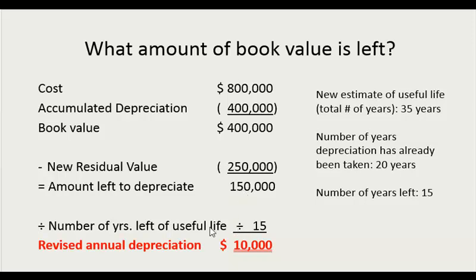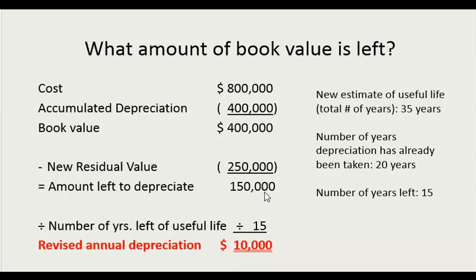And we have 15 years left of our estimated useful life because remember, our new estimate of the useful life is 35 years. And that's 35 years total. And since we've already taken 20 years of depreciation, we have 15 years left that we can depreciate the building.